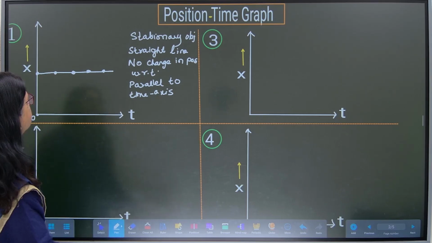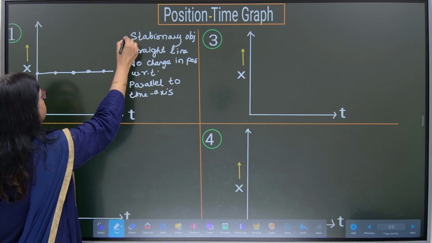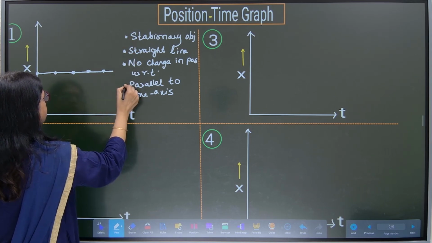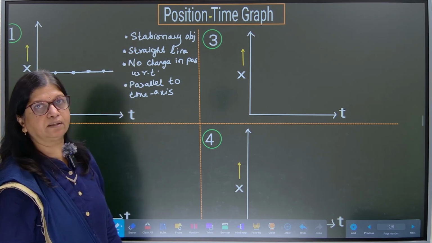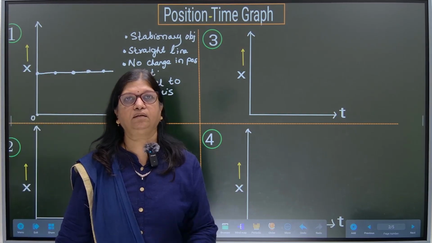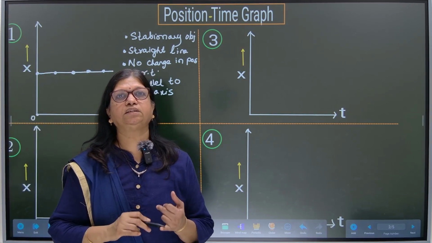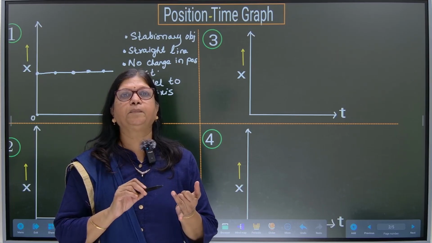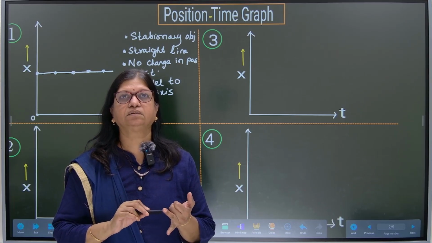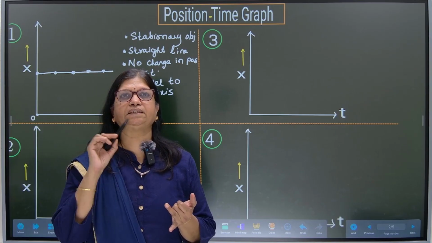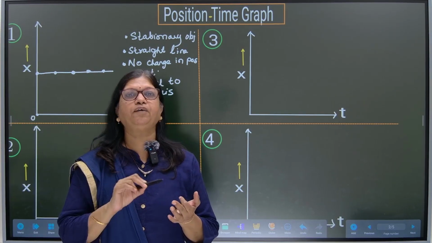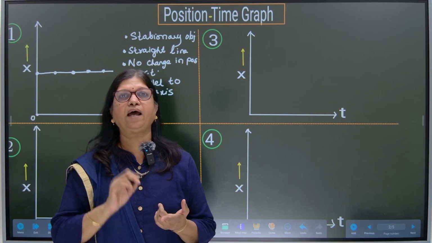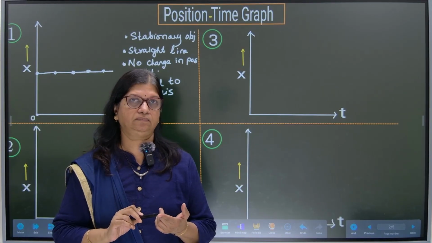Okay, so these are the points to be remembered for an object that is stationary. There is no change in the position with respect to time. The body remains at the same position as time passes. The graph is always a straight line and the graph is always parallel to the time axis.